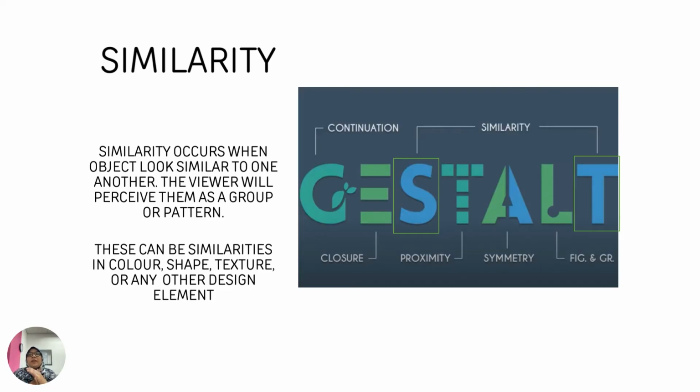And the similarity can be in colors or in shapes, or both. So for example, in this Gestalt word, the S and the letter T are similar because of the color and the font, or the letter shape used.